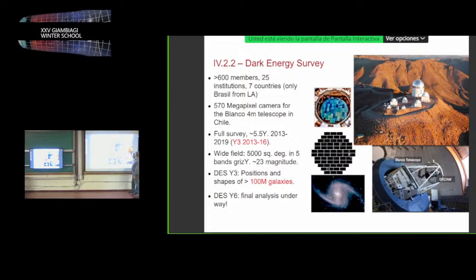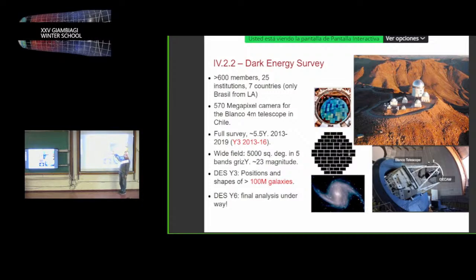It's a very beautiful location. And the Dark Energy Survey is in this dome here using the Blanco telescope, which was an old telescope that was refurbished in order to accommodate this large Dark Energy Camera, which is sitting at the focus of the telescope. And the CCDs are here, and in front there's something to shift the filters.